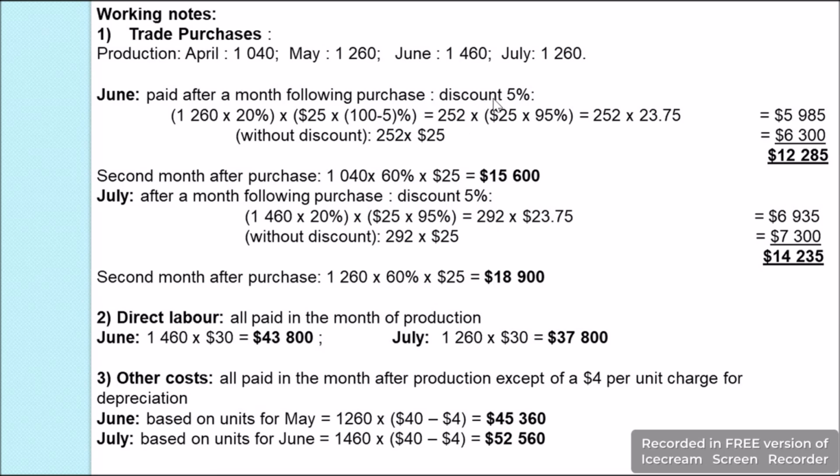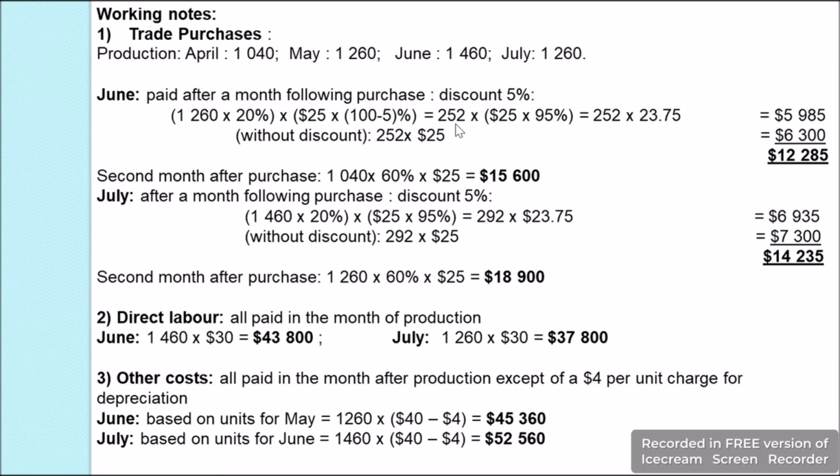And then we get a 5% discount, so 100 minus 5 will be 95%. $25 times 95% will be $23.75. So 252 times 23.75, we get the value as $5,985.